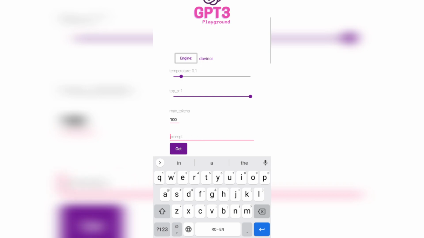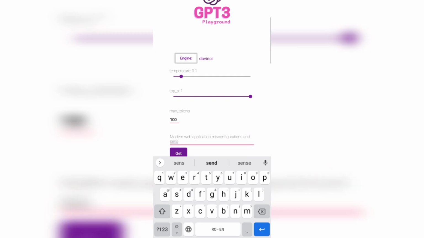Let's actually go through the second prompt. The second prompt: modern web application misconfigurations, not misconduct, but misconfigurations, of course. And as you can tell, two of my favorite types of vulnerabilities are looking for misconfigurations and sensitive data exposure, and of course business logic flaws.